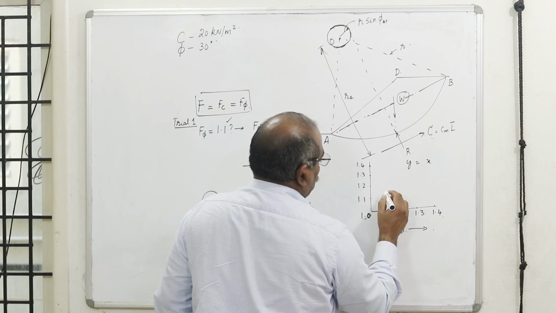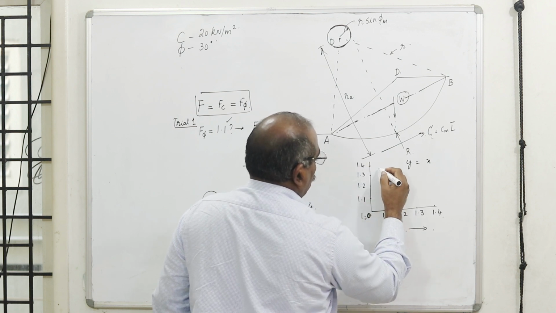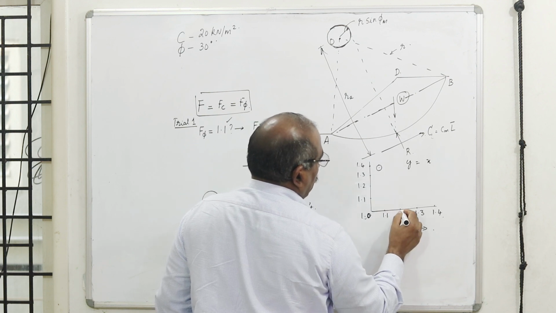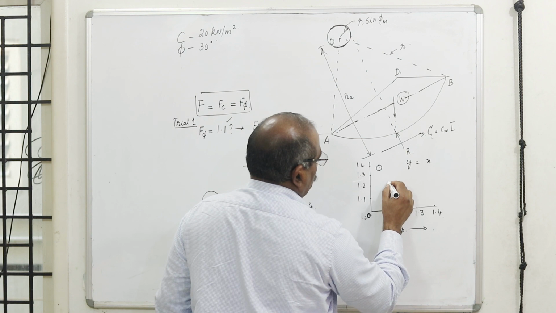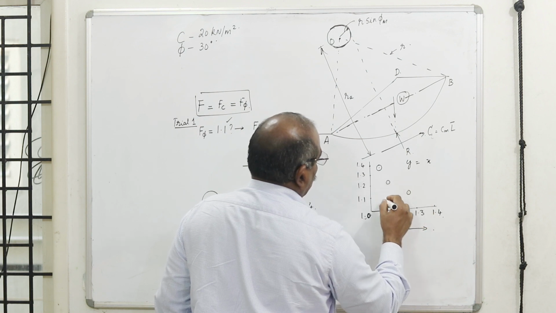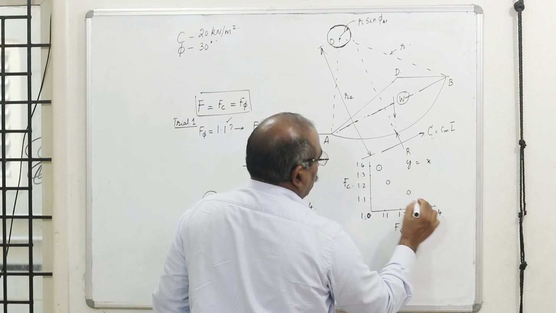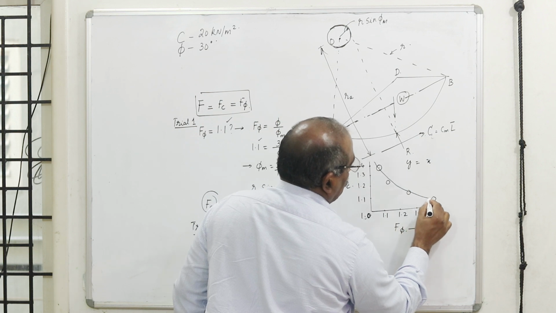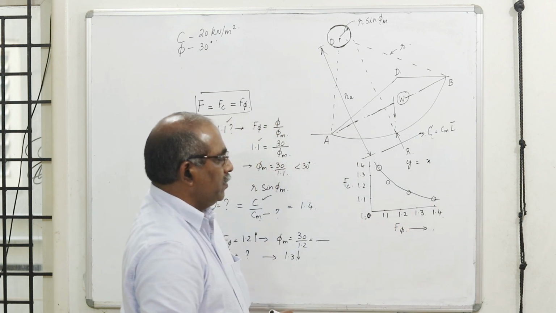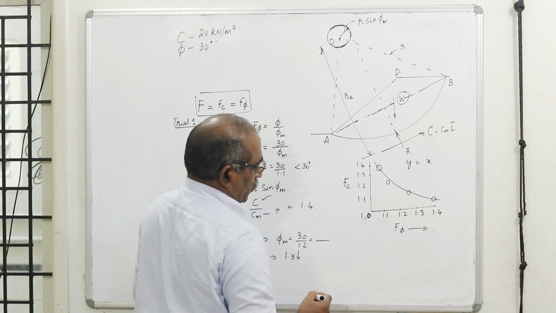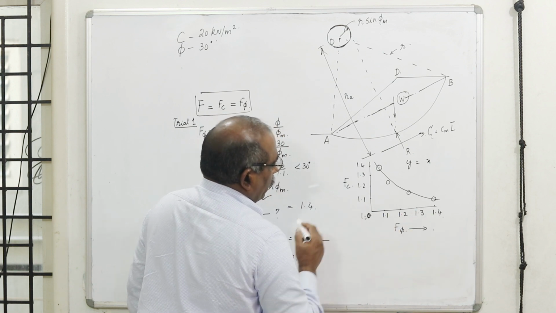Now, when I take the factor of safety Fφ equal to 1.1, maybe I got 1.39 or something. When I increase my factor of safety, it is getting reduced. When I am still increasing, I am getting a reduced value of Fc. There is a decrease in the factor of safety with respect to cohesion when the factor of safety with respect to friction is increasing.